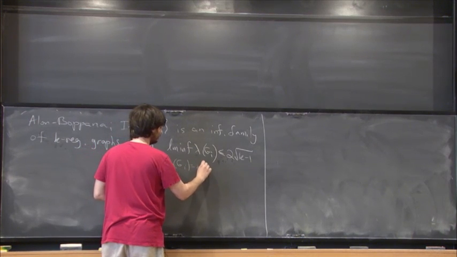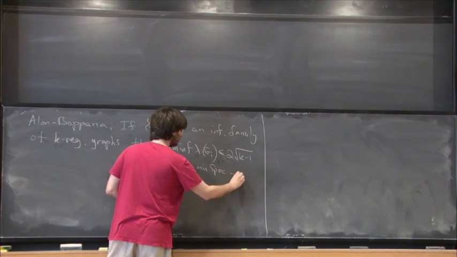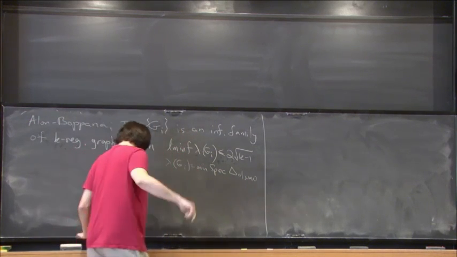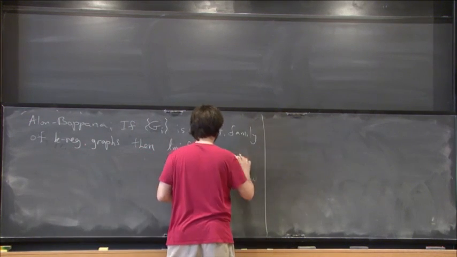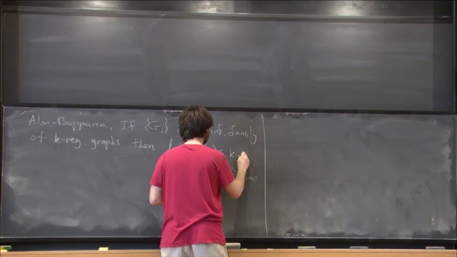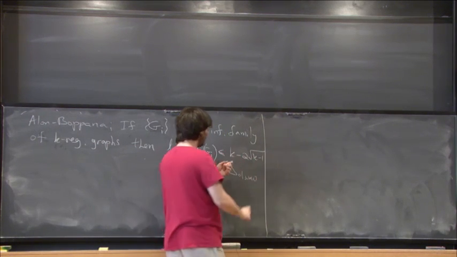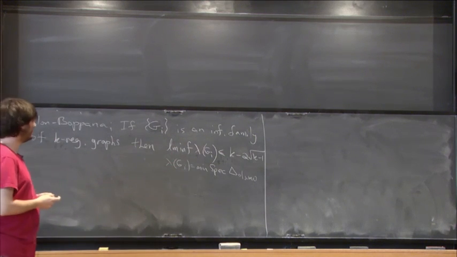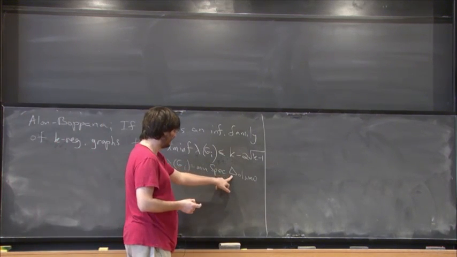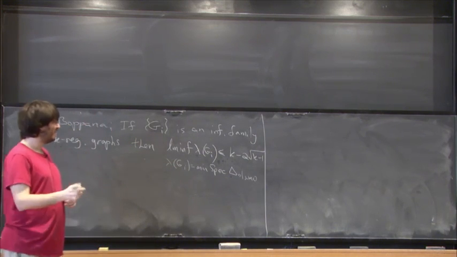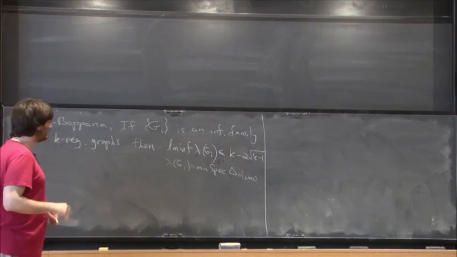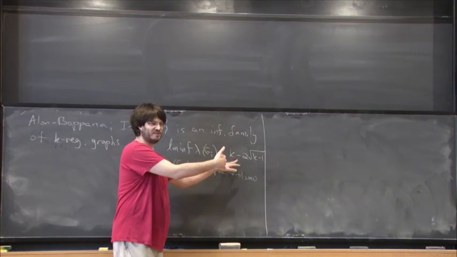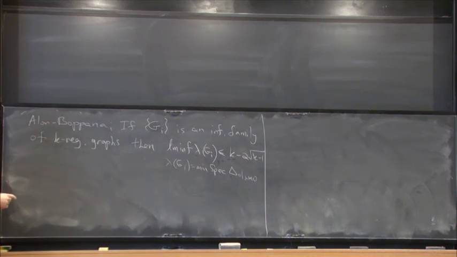It's the epsilon with the wrong sign. So you want to write at most k minus 2 root k minus 1. Oh, okay, yes, thank you. You can't stay above this value for infinitely many graphs.